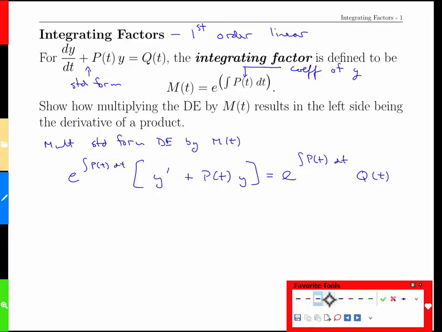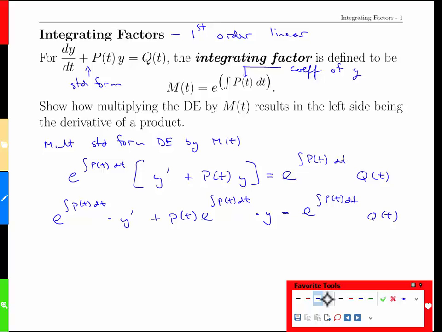We're going to multiply this in onto both terms. And here we get e to the integral p of t dt times y prime plus p of t e to the integral p of t dt times y. And the right-hand side's identical. We don't do anything there.